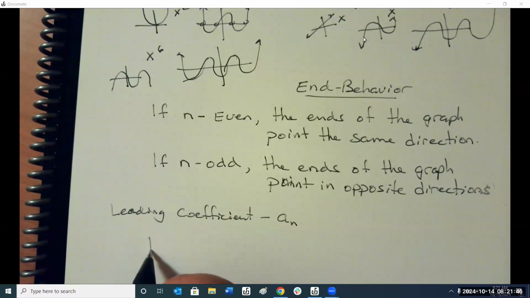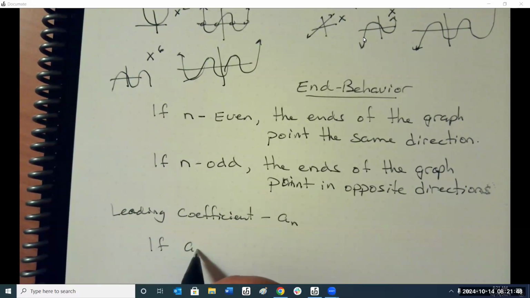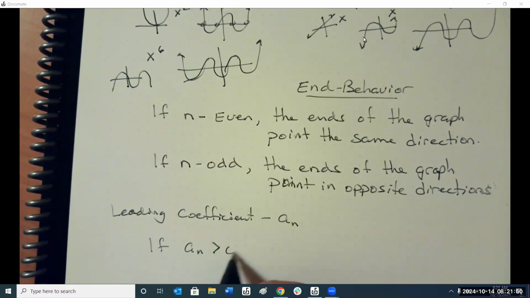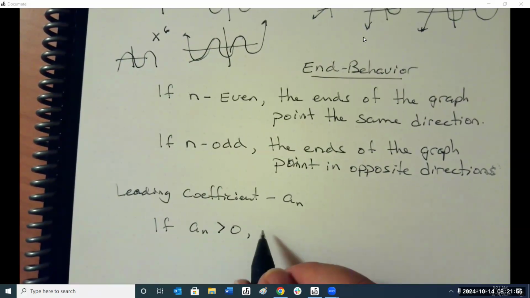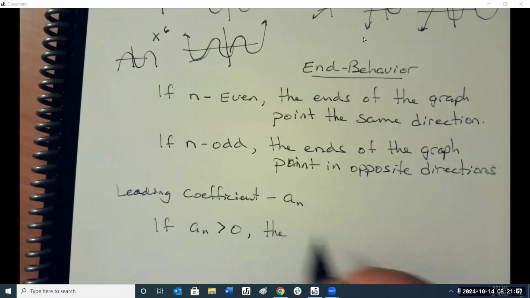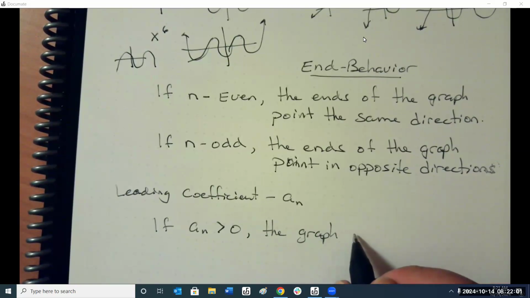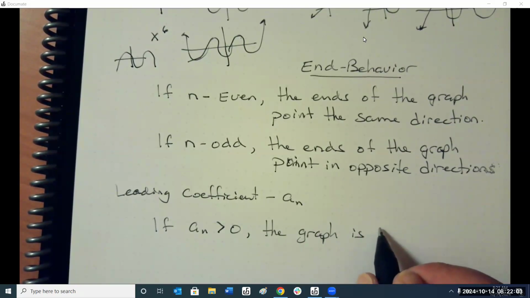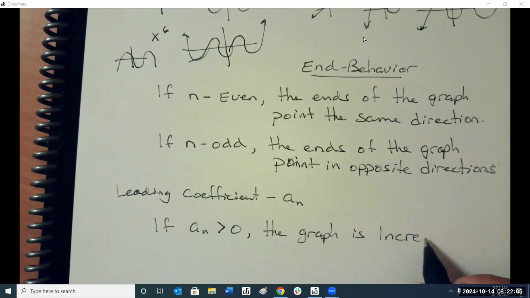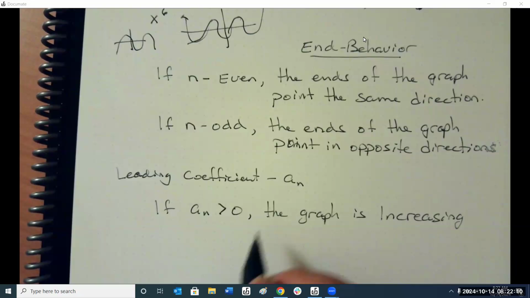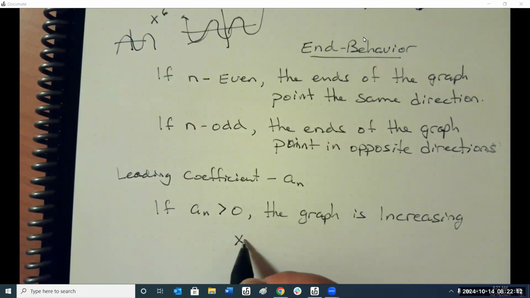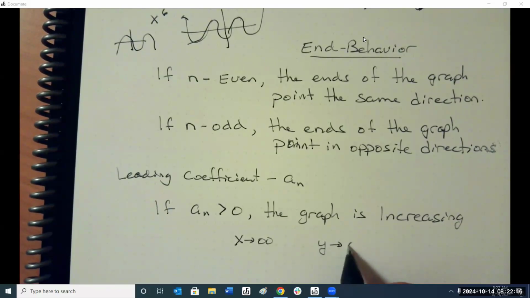If a sub n is positive, the graph is increasing, which means as x gets bigger, y gets bigger.